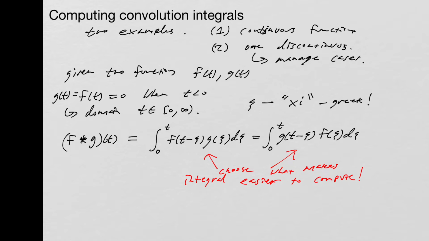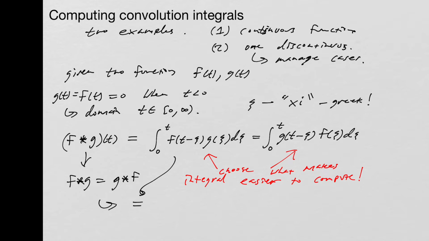If one of these is easier than the other, we'll definitely want to go with that. The fact that the order doesn't matter also means that f star g is equal to g star f. Order simply doesn't matter.